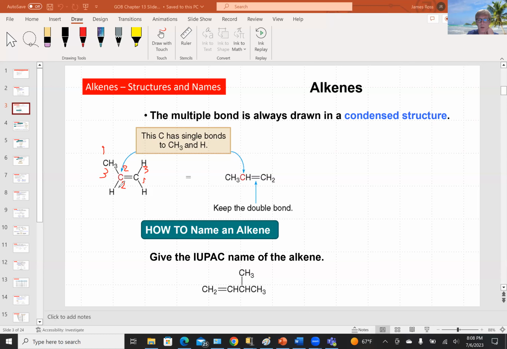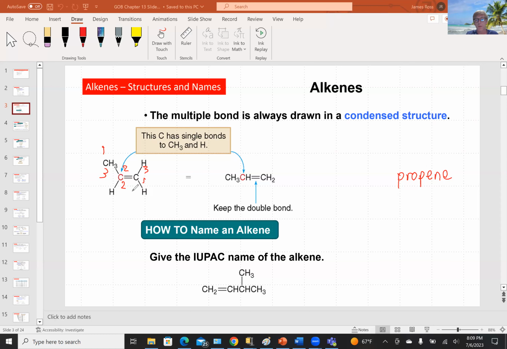So actually, this compound is not named on the slide, which is quite random. So we have 3 carbons. We know that that's prop, and it's an alkene, so it's propene rather than propane. But we don't have any branches, so that's the trunk, if you like, of our tree analogy. We have to locate the double bond.